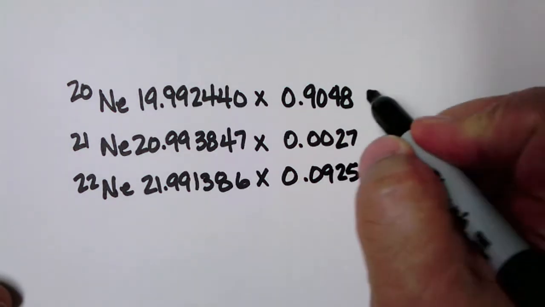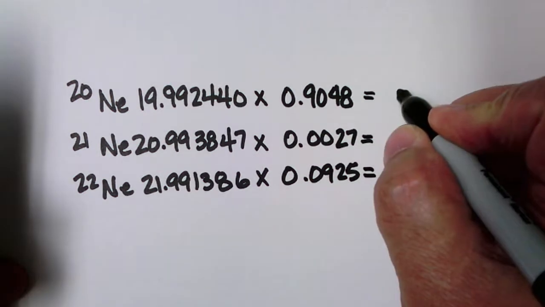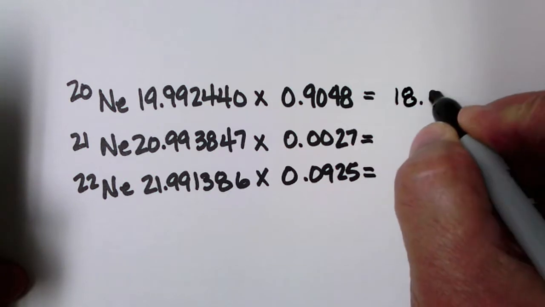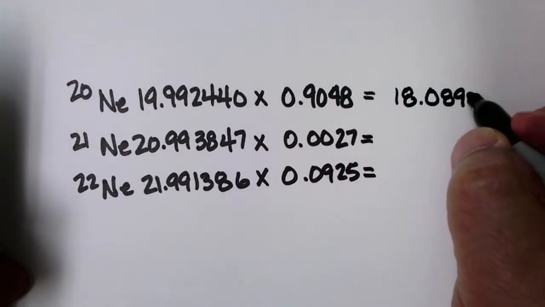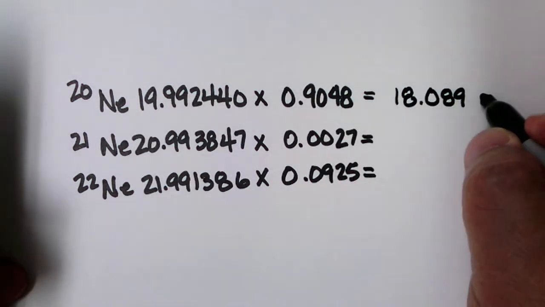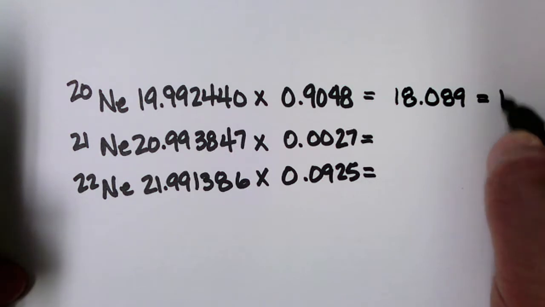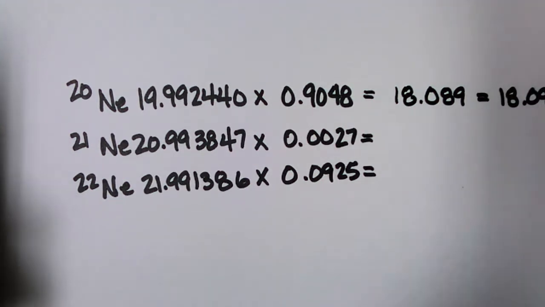And when we multiply these out, we get, for neon 20, we get 18.089 and we only have 4 significant figures here. So we'll need to round this up, so that's going to be equal to 18.09.